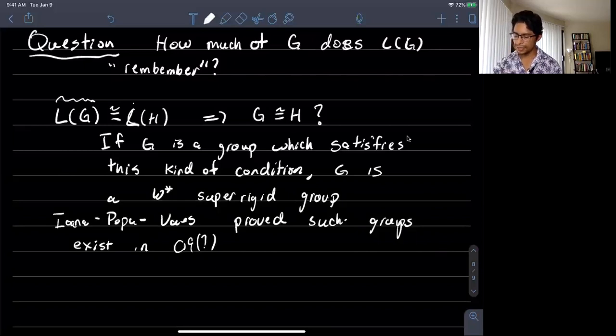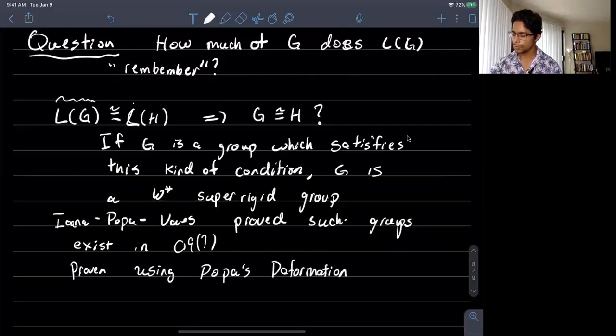And this was proven using Popa's deformation rigidity theory. This is a term that's going to come up a lot. I'll describe more about what the framework is for Popa's deformation rigidity theory a little bit later.